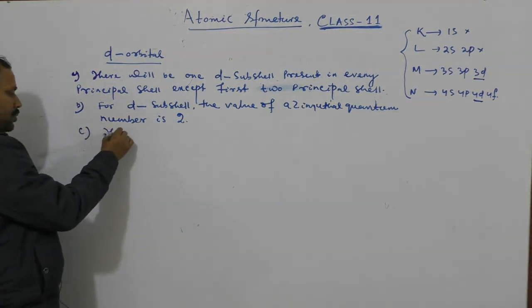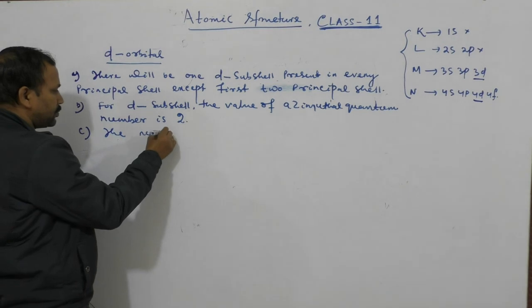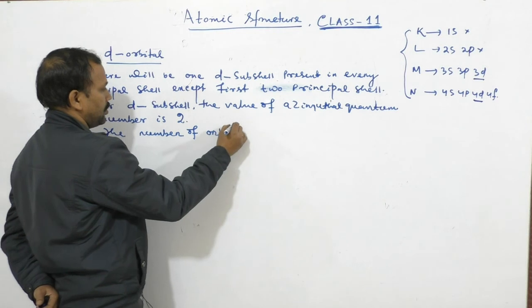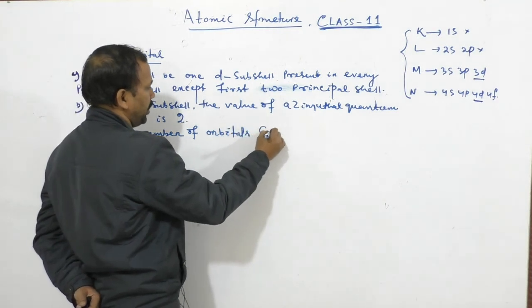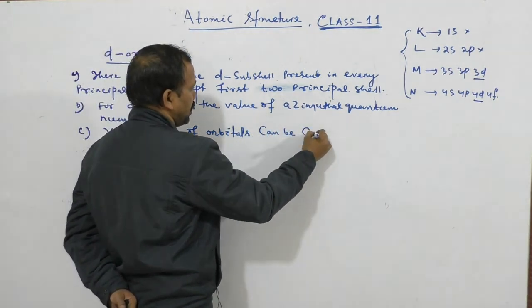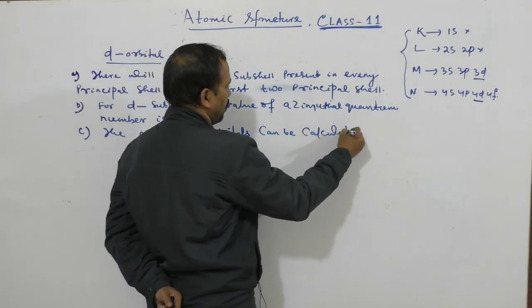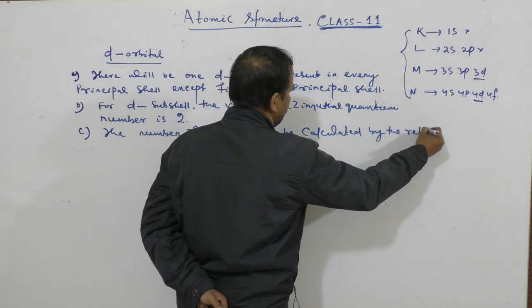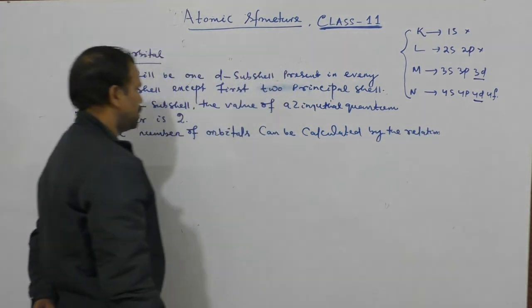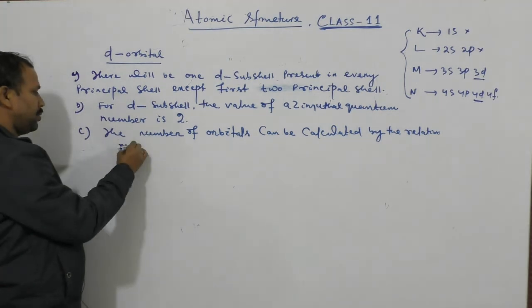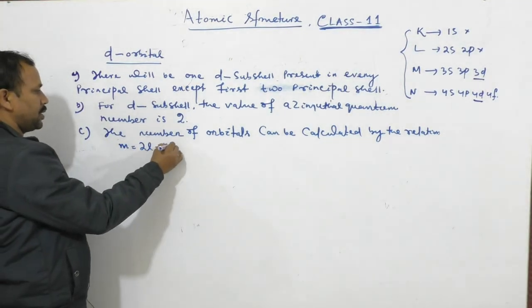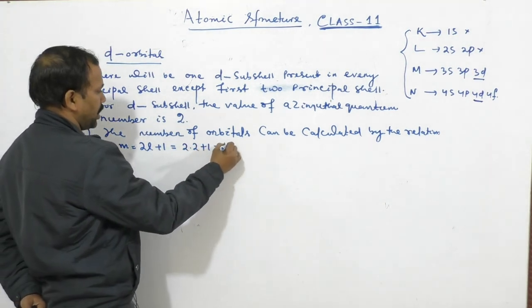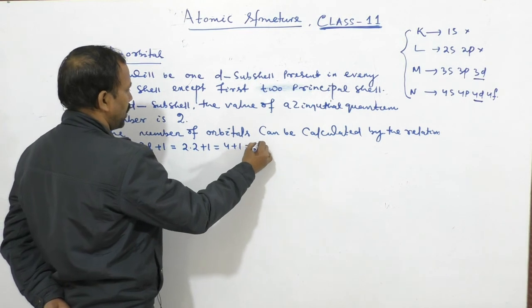The number of orbitals can be calculated by the relation m equal to 2l plus 1, equal to 2 into 2 plus 1, equal to 4 plus 1, equal to 5.